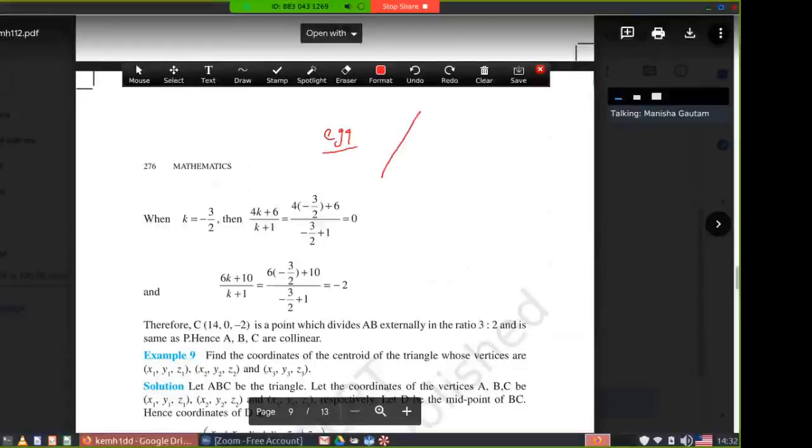Suppose this is a triangle, A having coordinates x1, y1 and z1, B having coordinates x2, y2, z2, and C having coordinates x3, y3 and z3.